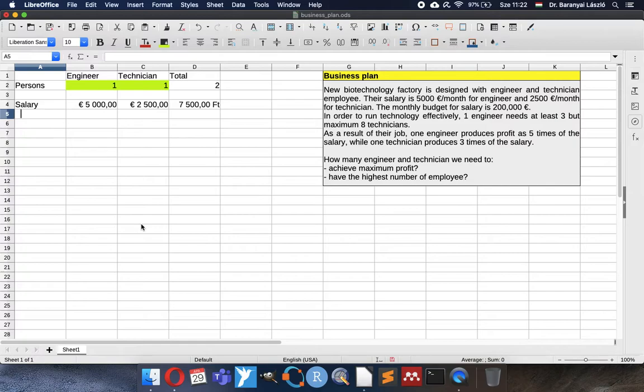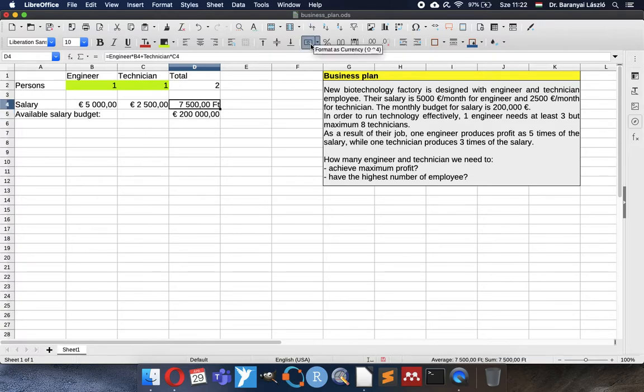Okay, and the available salary budget we have here also as 200,000, and it will be euro as well.